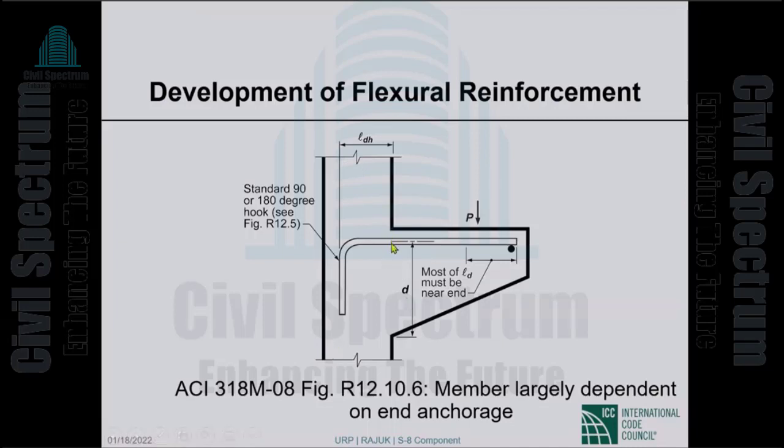So the stress in the bar is F sub y at this location. Normally, the bending is going down as you go to the right. So the stress in the bar should be going down, but not here. Because bending is going down, the depth is also going down. So this bar very likely has close to F sub y the entire way until the end. So how do you anchor it?